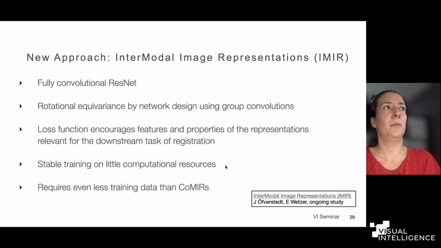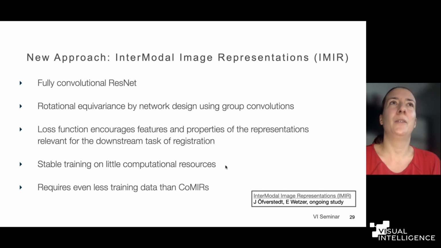But when we were studying these 3D Comirs and saw these artifacts that I just showed from the upsampling, we wondered why we were actually using a UNet at all. We had just kind of started doing that initially, but realized we should actually try some fully convolutional networks, like a ResNet, for example, and see how that would work instead of using these UNets.